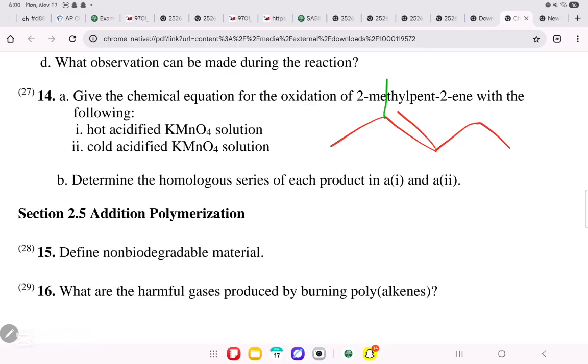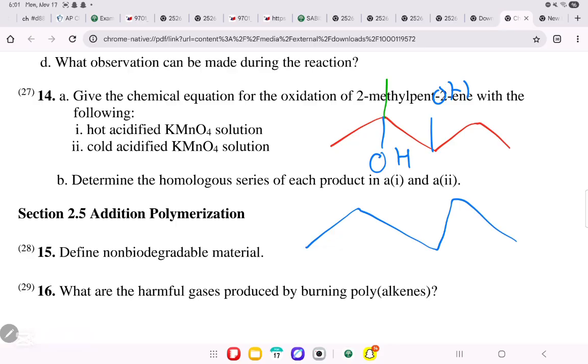It will produce a diol, and the purple color of KMnO4 disappears. So basically, in the presence of KMnO4, we will have addition of oxygen, so it gets oxidized. It will break the double bond, form another bond here and another bond here, and then add an OH here and an OH here. So this is what the final product looks like.